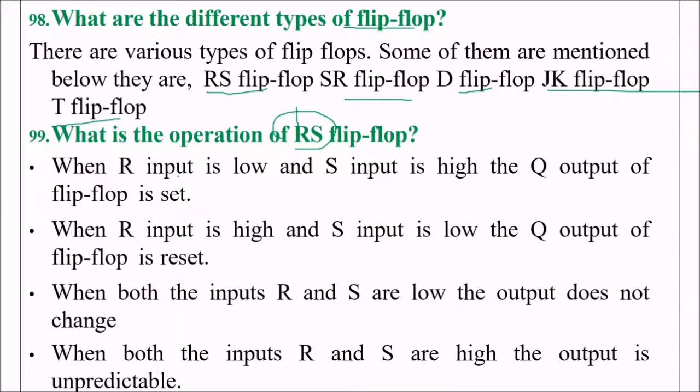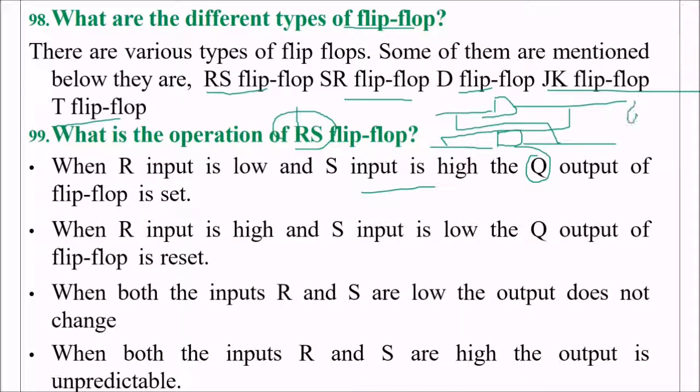When R input is low and S input is high, the Q output of the flip-flop is set. This is the kind of arrangement, with Q dash, and you have R and S. So if R is low and S is high, Q is set.